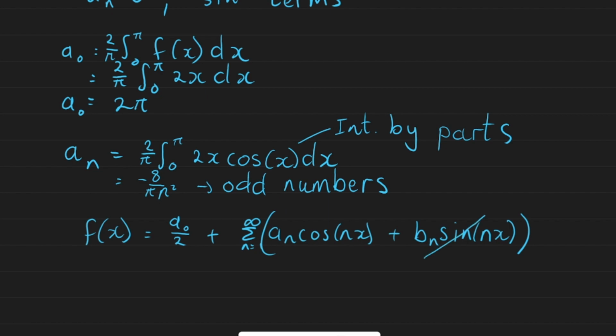So we said bn is equal to 0 since it's an even function, and we have only cos terms. So a naught over 2, so we have 2 pi over 2, so that just gives us pi.